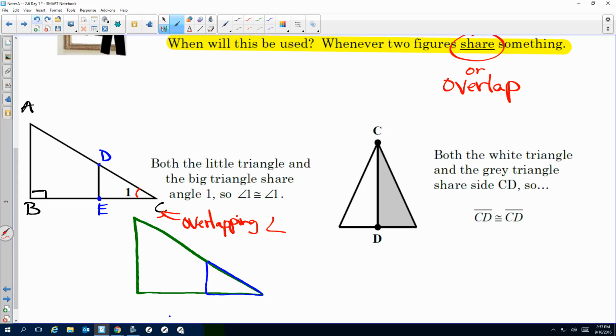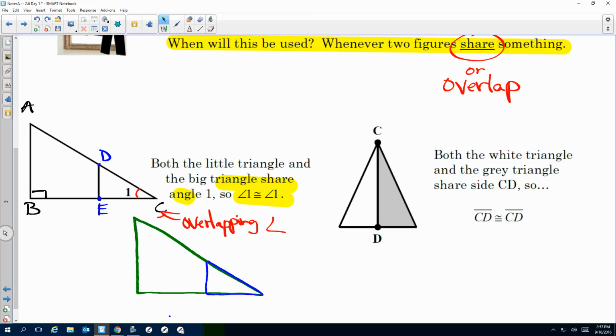Whenever we have an angle that's being shared or is on top of one another, we're going to use the reflexive property to justify when we prove. Angle 1 is congruent to angle 1, and it exists in both triangles, the large triangle ABC and the smaller triangle DEC. That's what we call overlapping or sharing an angle.